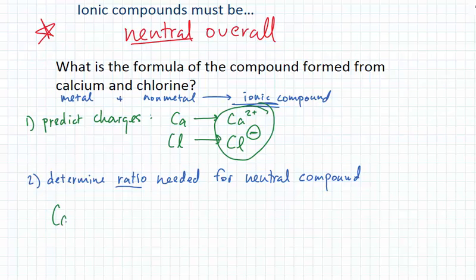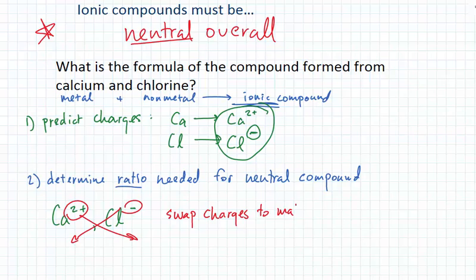What we actually do, if those are the ions, is swap those charges to make the ratio. In this case, calcium was 2+, chloride was 1-. We need a 1-to-2 ratio to be neutral.